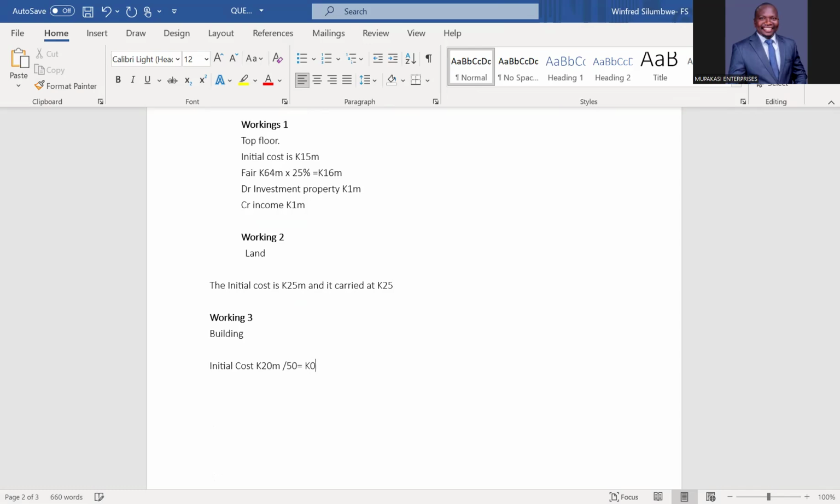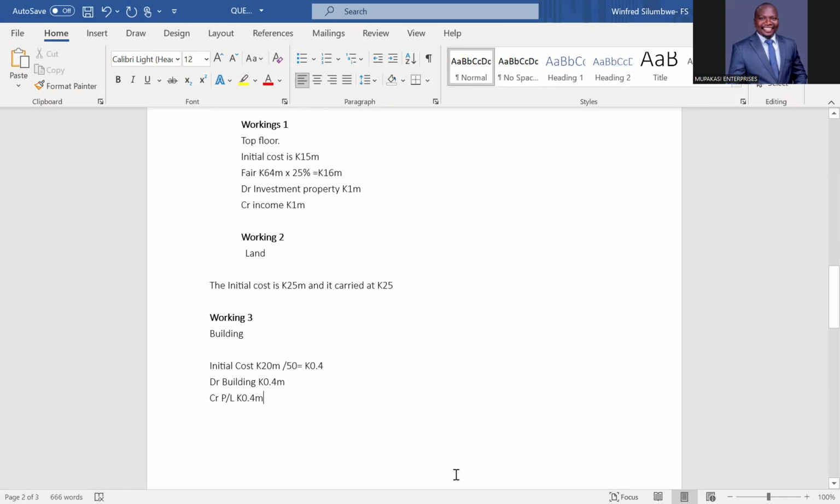So 400,000, it will be 0.4 since we are not adding the zeros. That is depreciation. So under depreciation there, we debit building 0.4 million, and credit P and L 0.4 million.